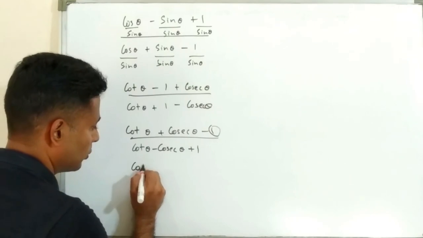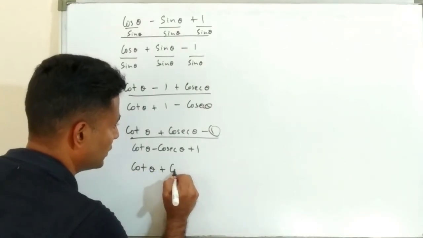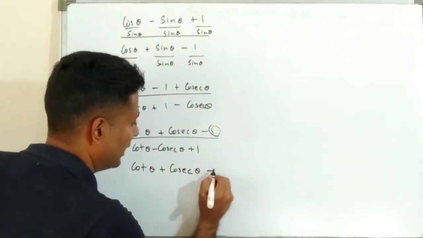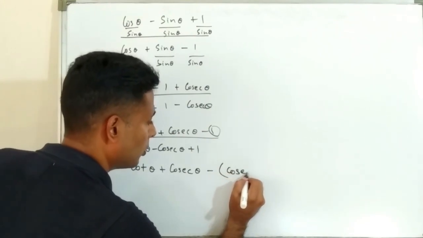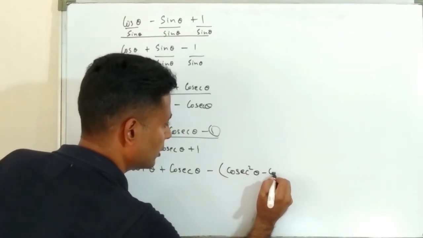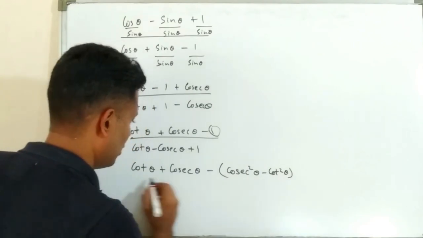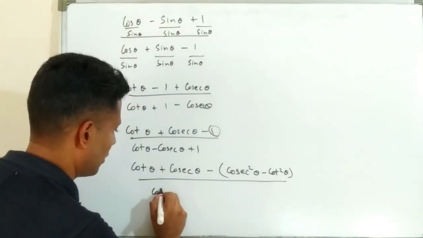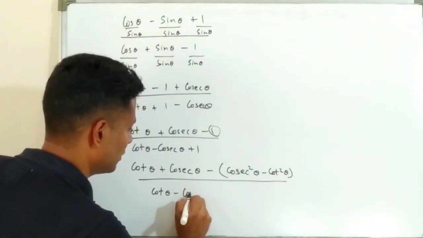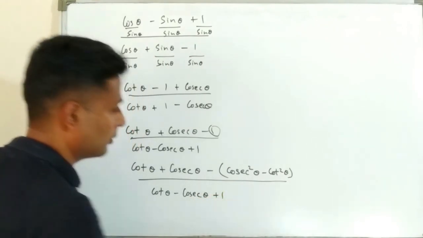If you remember, so what will happen? Cot theta plus cosec theta minus 1 can be written as cosec square theta minus cot square theta, whole by cot theta minus cosec theta plus 1.